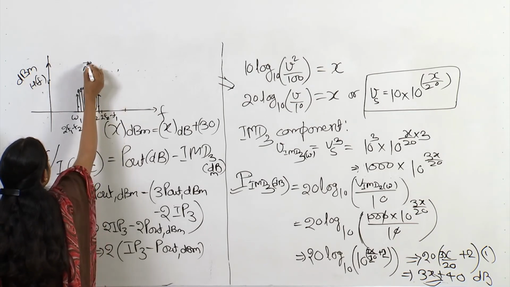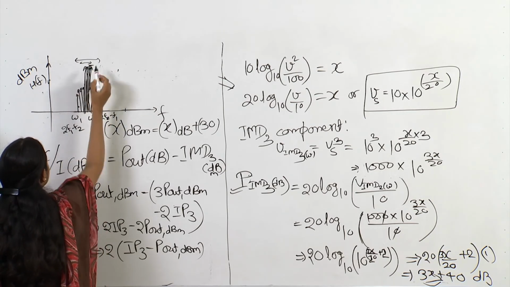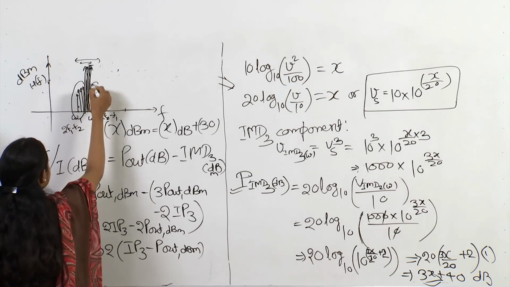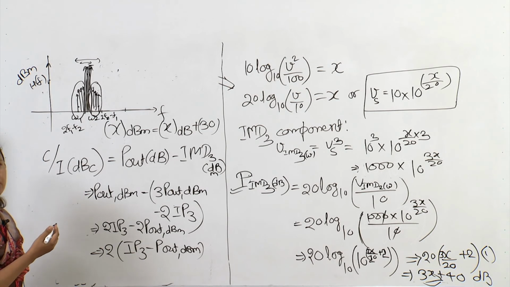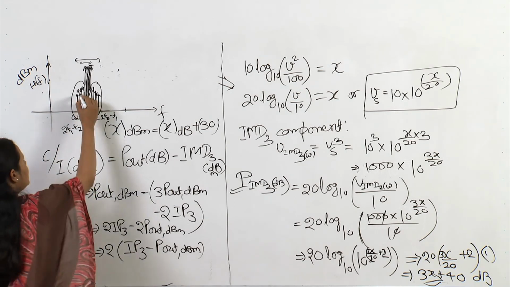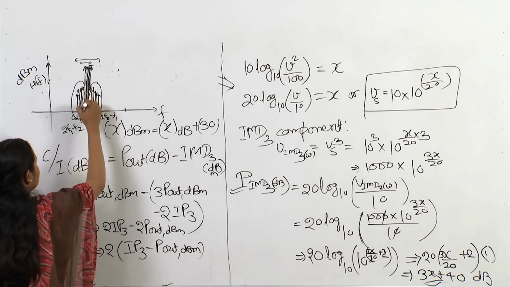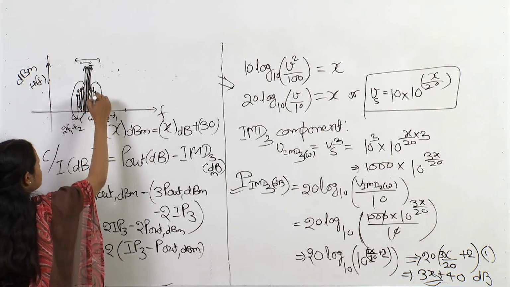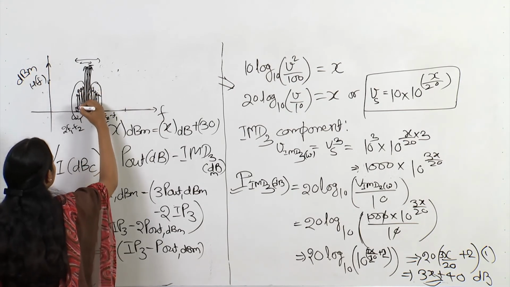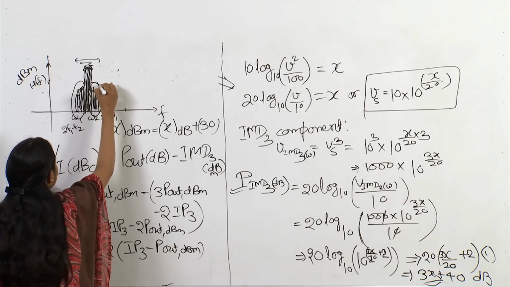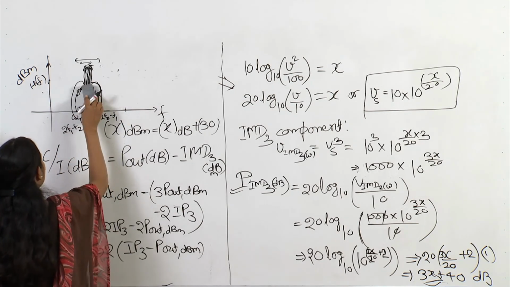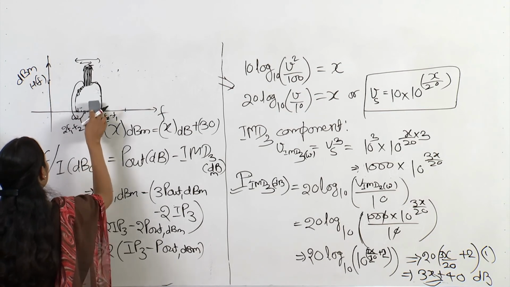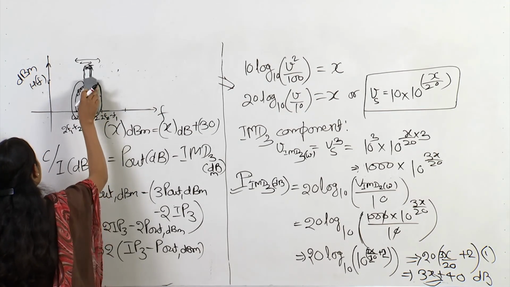So, this was the original range and now it has become this range, and these all are the distortion components. Basically, they are IMD components, but they are so near to each other that we cannot separate them by eye. So, basically it will look to us like something like that, because we cannot distinguish all of these components separately.